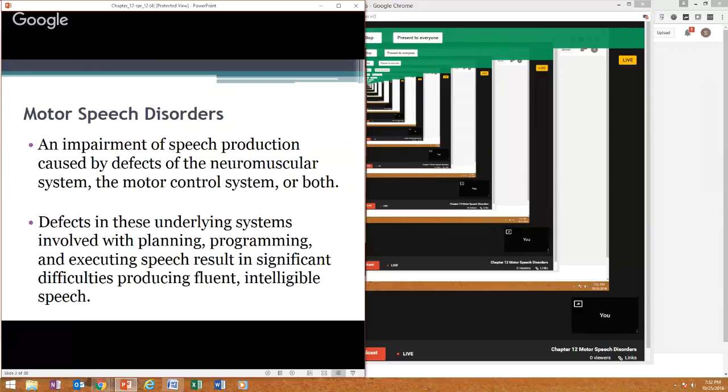And then the motor control system would be the defects associated with apraxia of speech. We'll look at both of those throughout this chapter. Defects in these underlying systems involved with planning, programming, and executing speech result in significant difficulties producing fluent, intelligible speech.